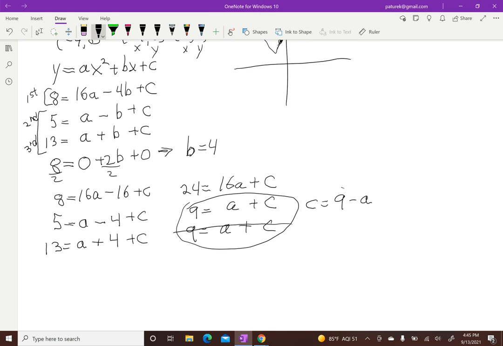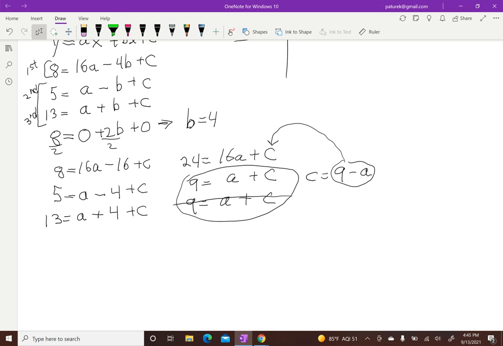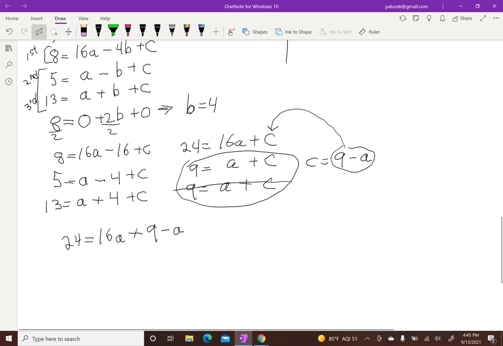So I'm going to substitute 9 minus a for c into this remaining first equation. So this becomes 24 is equal to 16 times a plus, and now instead of writing c, I'm going to write 9 minus a.